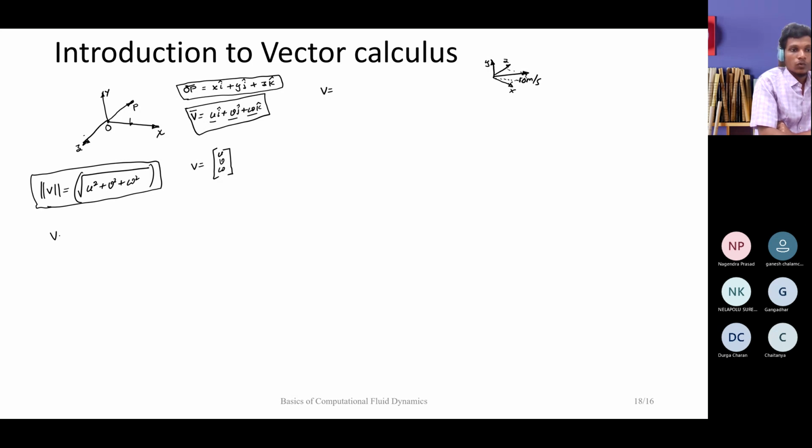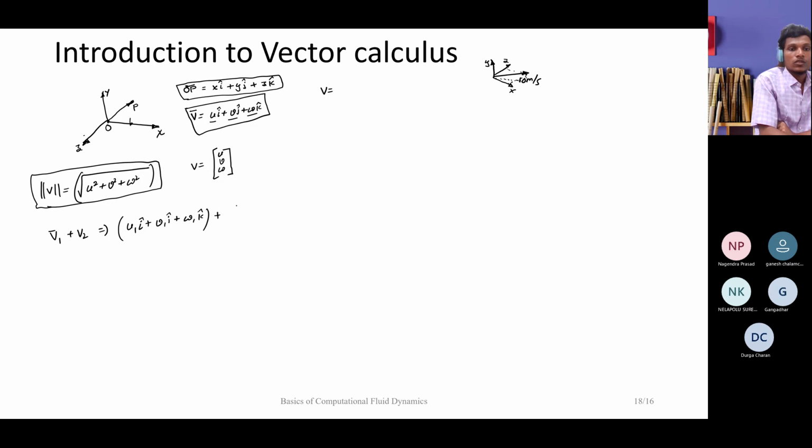I will give you one more brief introduction of the vector properties. Suppose you have a v1 vector plus v2 vector, where v1 can be written as u1 i cap plus v1 j cap plus w1 k cap.